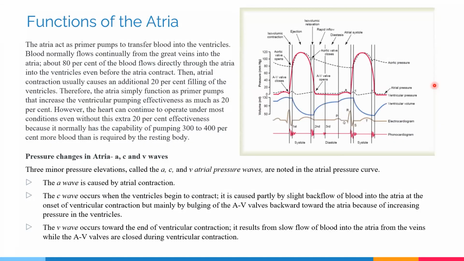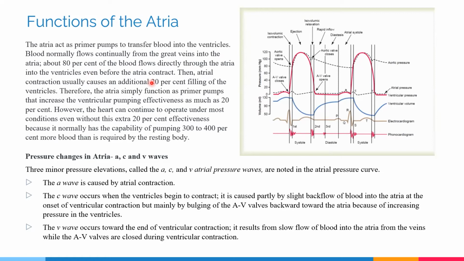So we will go through the functions of the atrium. The atria is a primer pump which transfers blood into the ventricles. Blood normally flows from the great veins into the atria, and about 80% of the blood flows directly through the atria to the ventricles even before the atria contract.